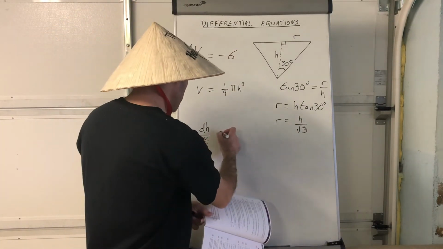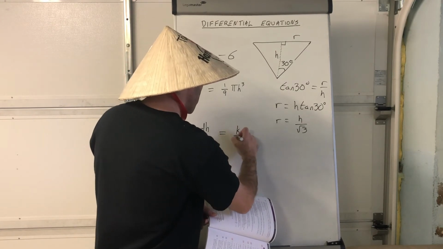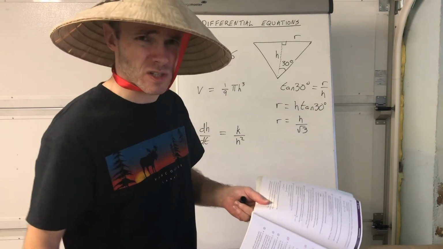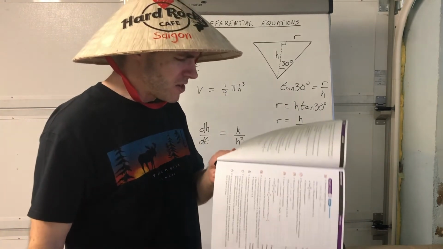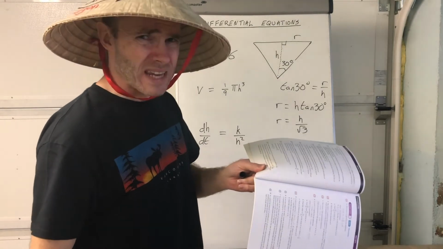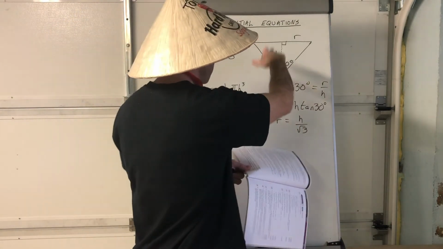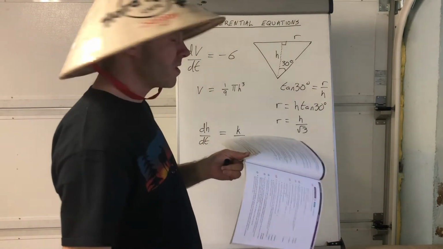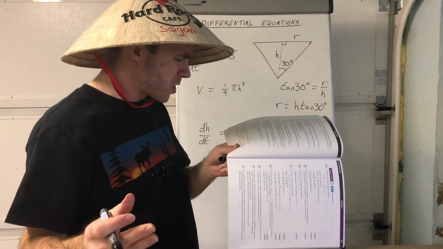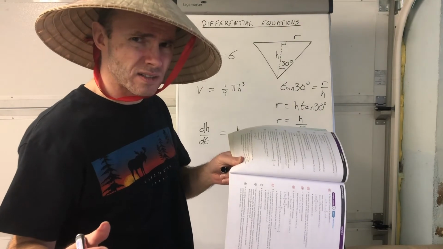So what we're after is a relationship that looks like dH/dt equals K over H squared, because then it's inversely proportional. Our answer should be negative, of course, because it's actually decreasing, but we'll see what happens as we go through it. And then write down a differential equation relating H and T.